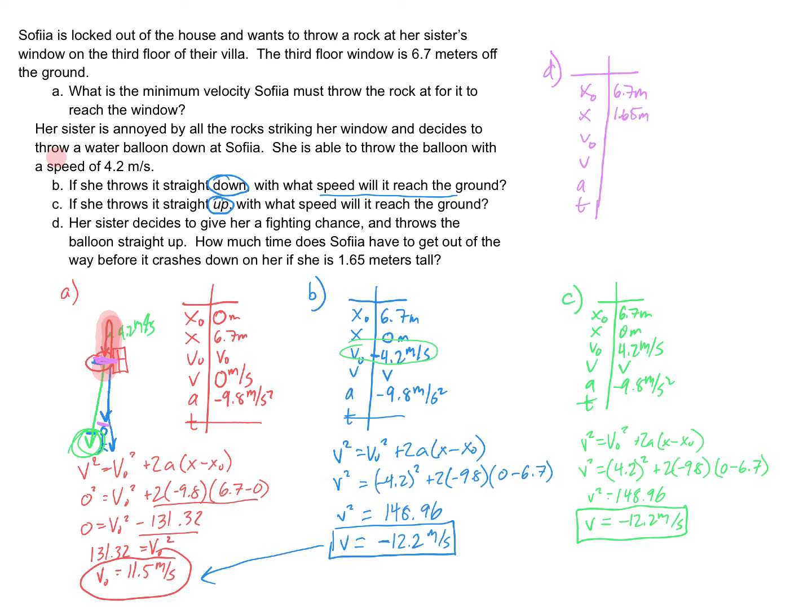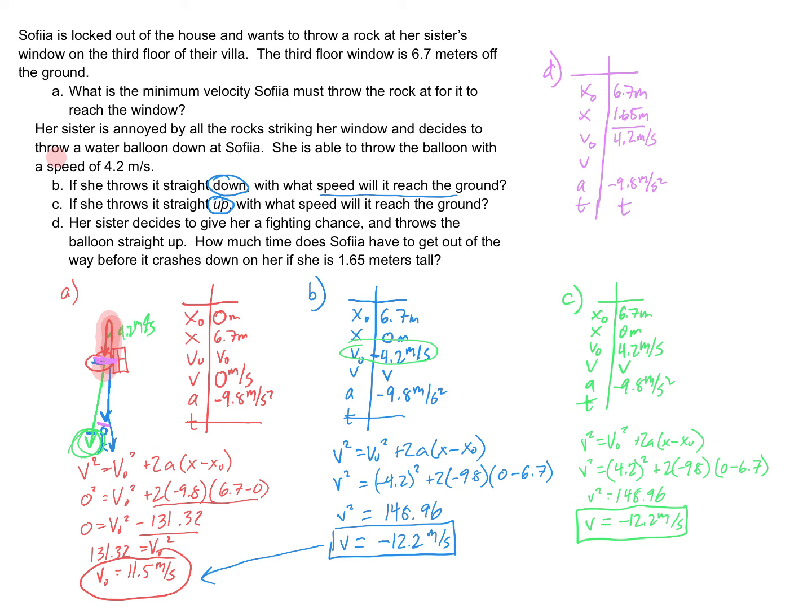Our initial velocity, she's still throwing it up with a speed of 4.2 meters per second. Our final velocity, we don't know at this point, because it's not the final when it hits the ground, it's the final when it reaches her. The acceleration is still negative 9.8 meters per second squared, and we are looking for the time this time.